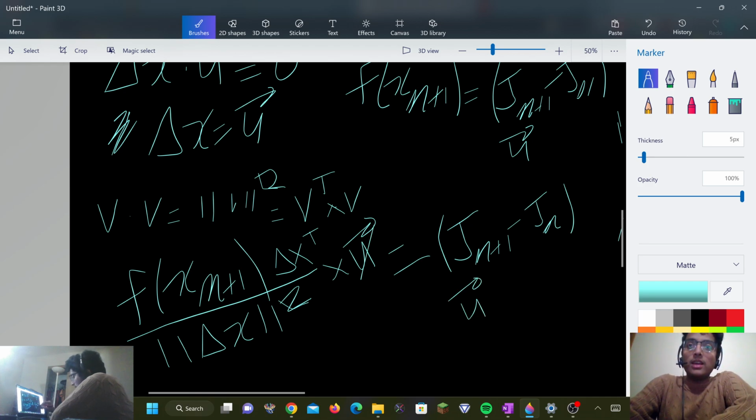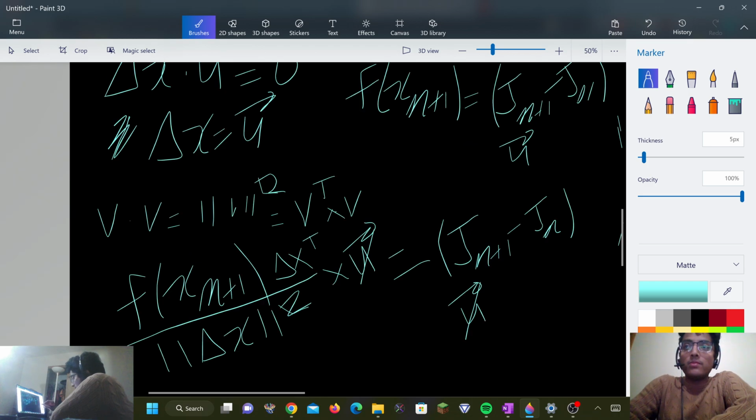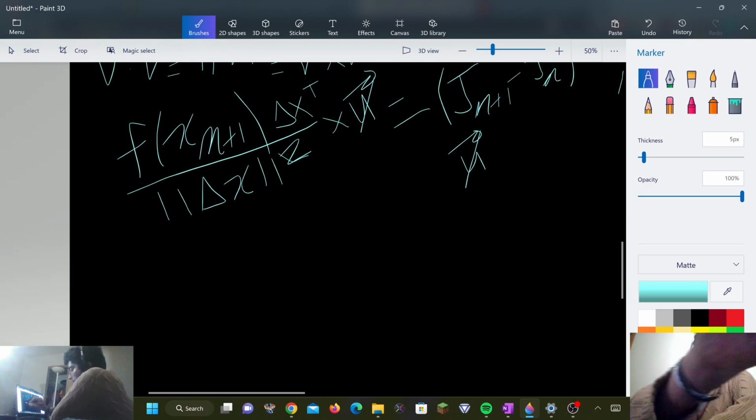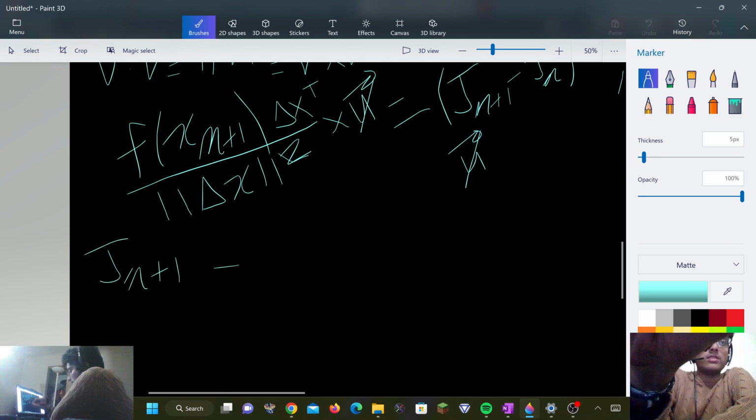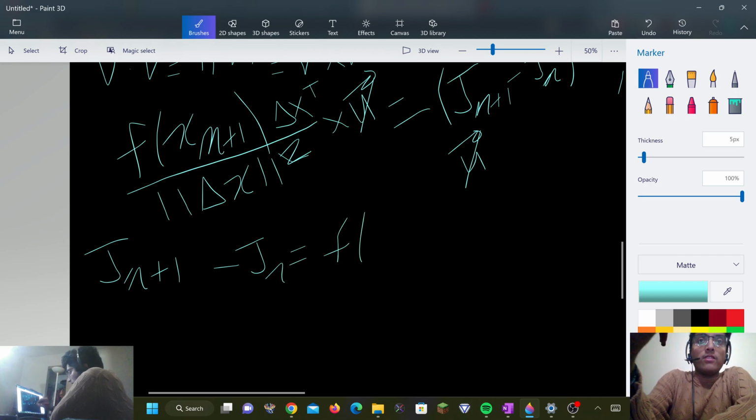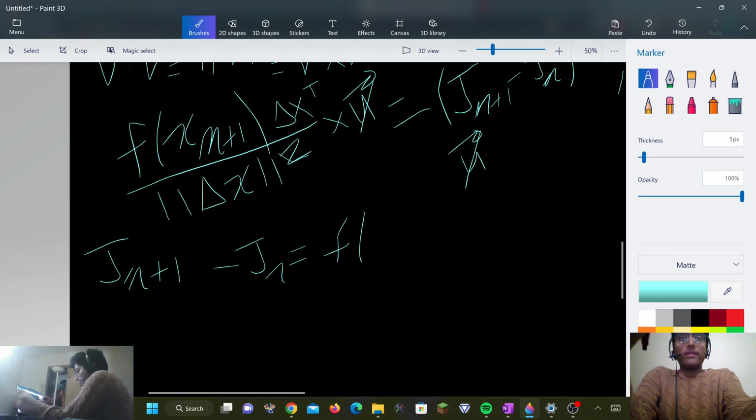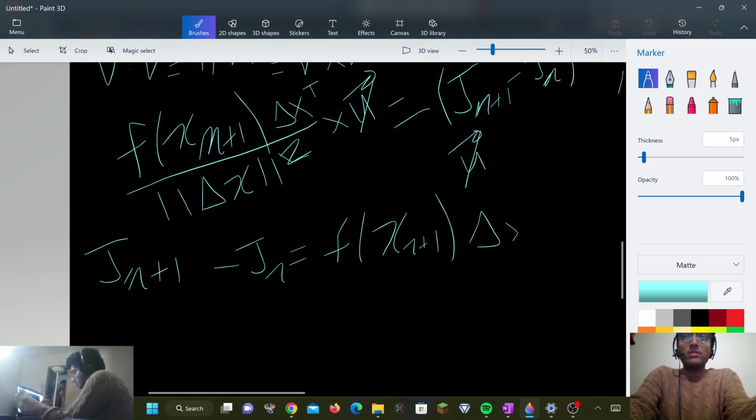And so these u's cancel, and then we get J n plus 1 minus J sub n equals f of x sub n plus 1 times delta x transpose over delta x squared.